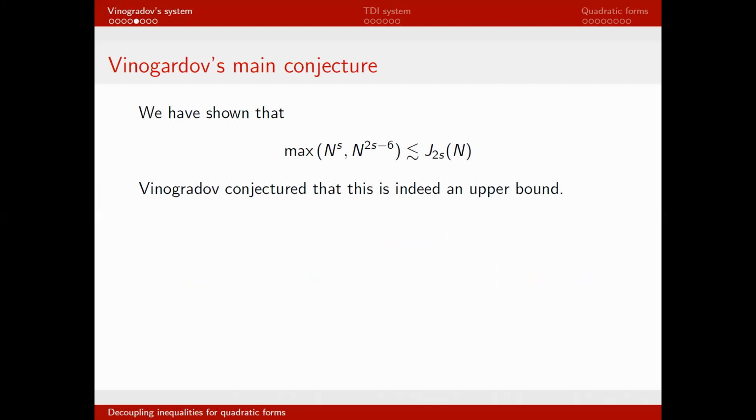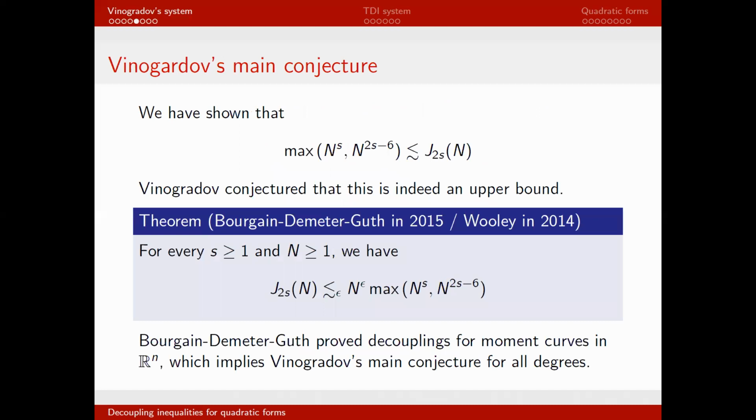Vinogradov's conjecture says that this is indeed an upper bound. This conjecture was proved by Uri and Dimitrov independently, and their proofs are different. In this video, I will only talk about Dimitrov's proof.